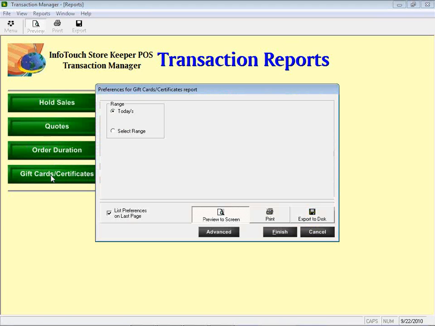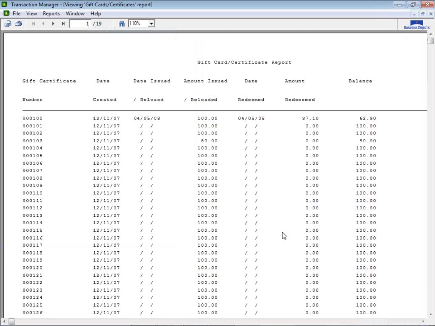The select range version of this actually shows you all the gift cards you have in the system. If you leave the from and to blank, it's going to show you everything. You can filter it by a from to certificate number range. This shows you when it was created, when it was last issued, or, and this is new, reloaded.